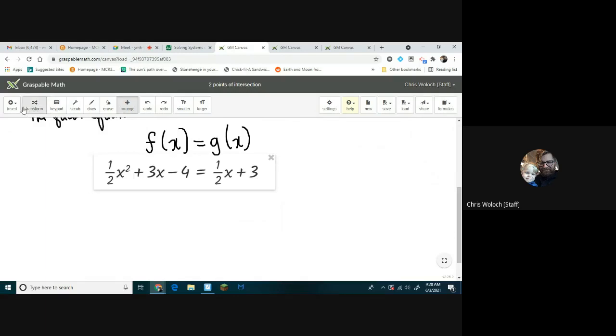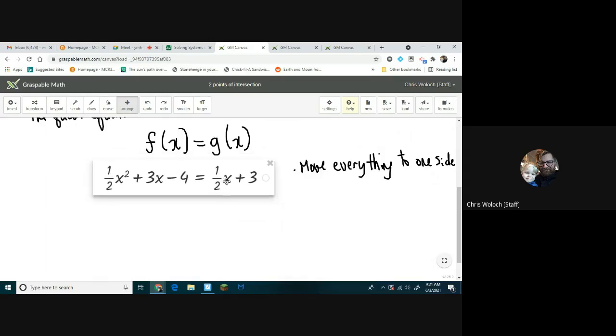So now what we want to do in this situation is move everything to one side. Notice how this is a squared term, so the x squared term is here. I'm going to move everything here onto the other side.